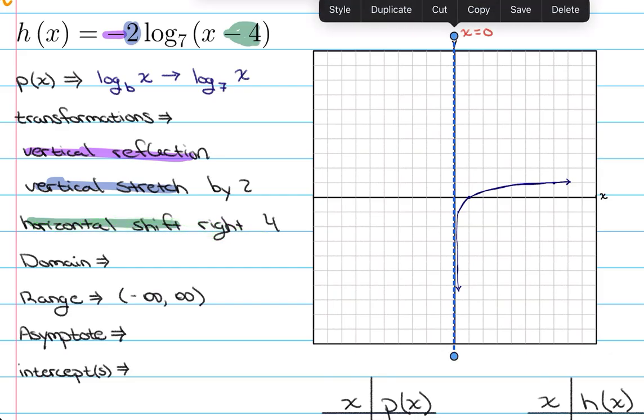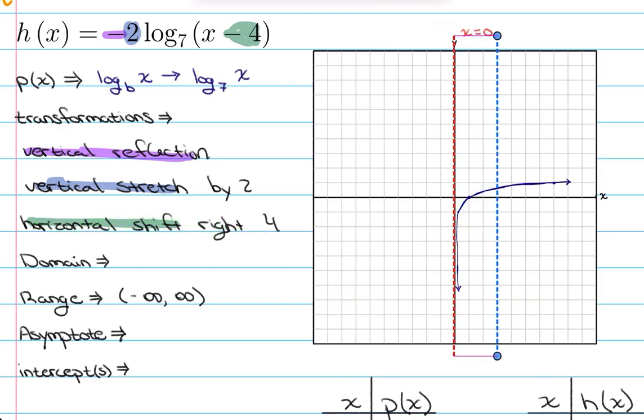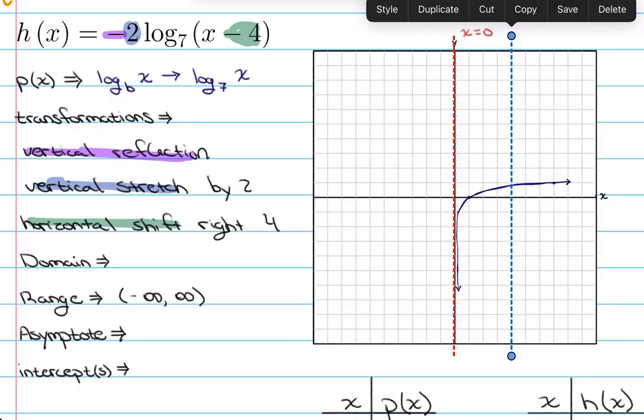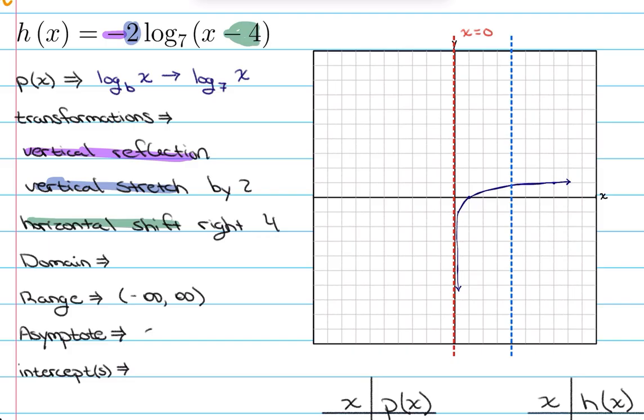So I'm going to take this asymptote and shift it 1, 2, 3, 4 units to the right. That means your asymptote is now at x equals 4. That also shifts your domain. Your domain is going to get pushed along with it. So instead of being from 0 to infinity, our domain is going to be from 4 to infinity.